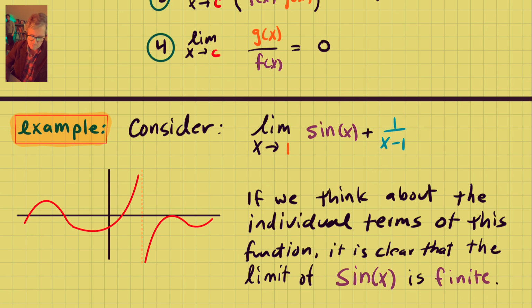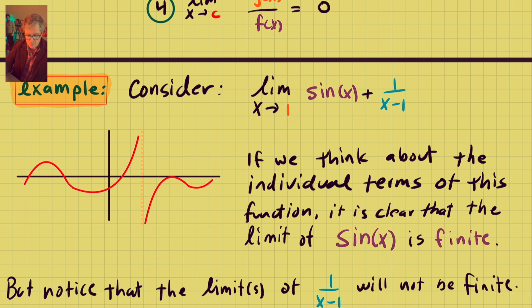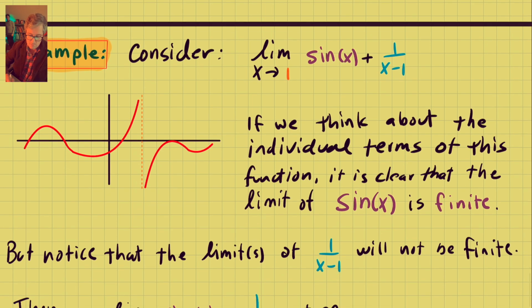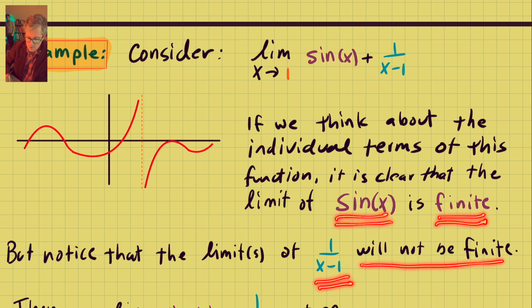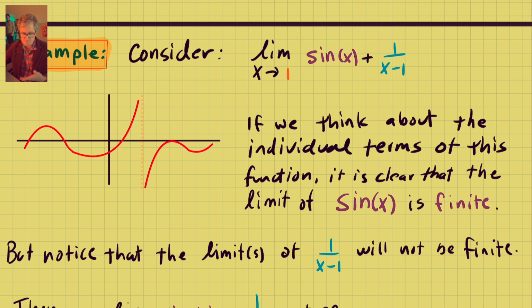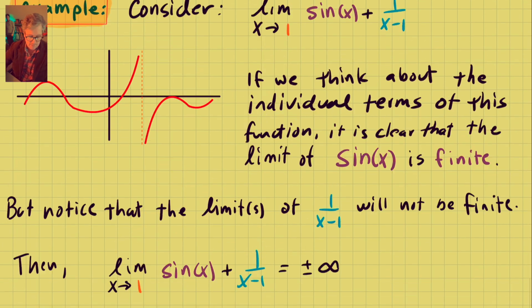We talked about this example earlier. So this is going to go to infinity. If we think about the individual terms, it's clear that sine is going to be finite, and 1 over x minus 1 will not be finite. So I've got finite plus infinite, and so that means the limit will be infinite.